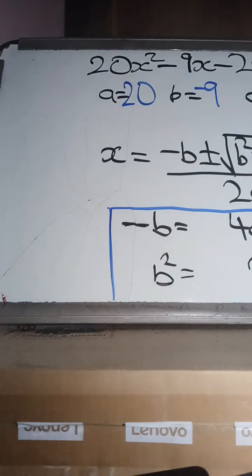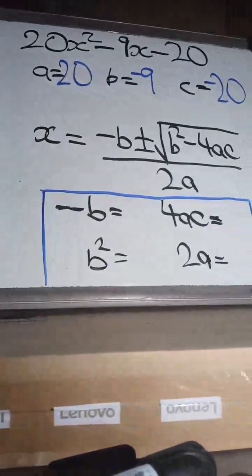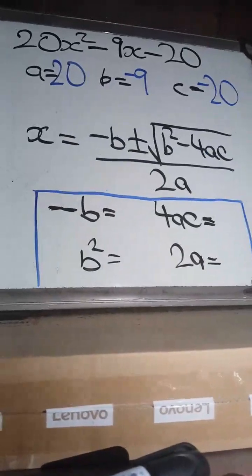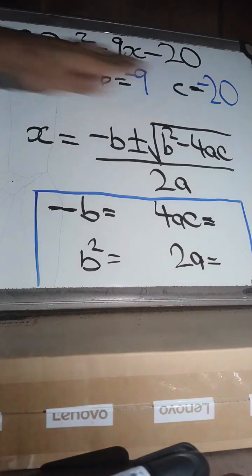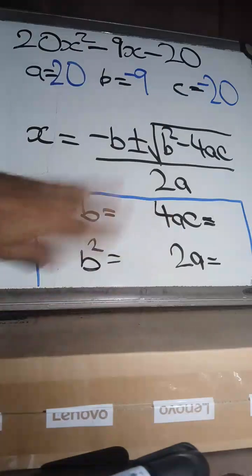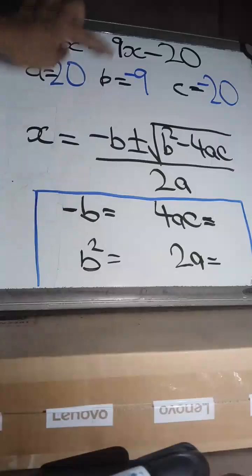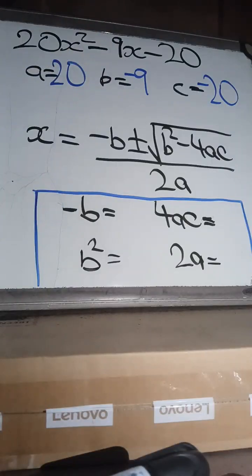Alright, so let me go back over here now. So now this is what we're going to use and plug them in to that right here. Right? Now if B is minus 9, then minus B is going to be positive 9. Right?